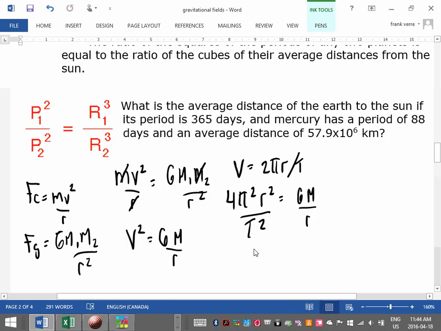Remember, we derived this because we were looking for the distance we would have to put a satellite to get a geosynchronous orbit. So with this, we end up with an equation that looked like this: r cubed equals G m planet over 4 pi squared, times T squared.